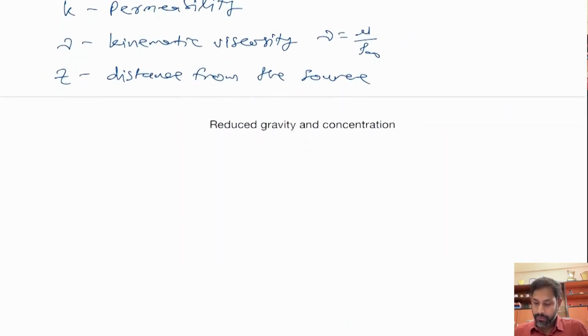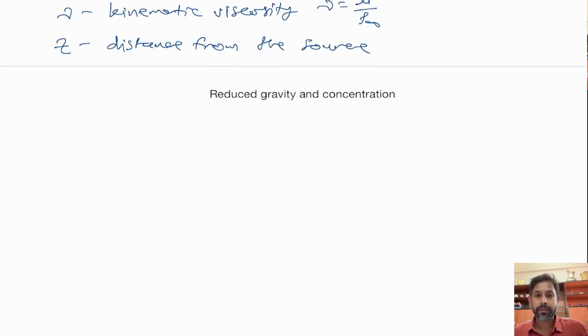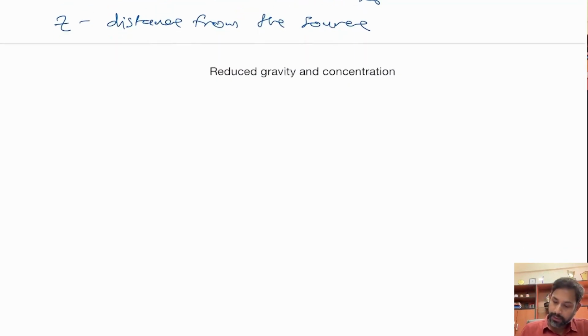All right, so now we have found out how the volume of the plume is increasing, so we can also predict the reduced gravity, and based on that we will predict the concentration.